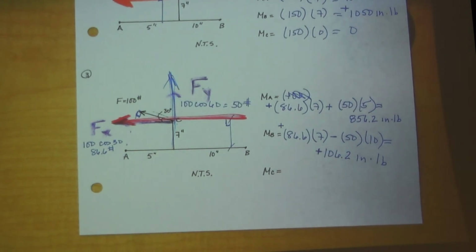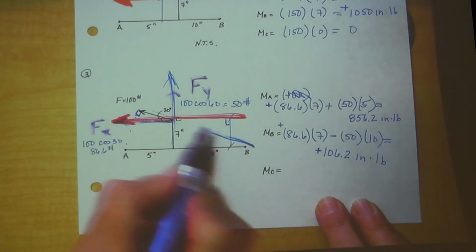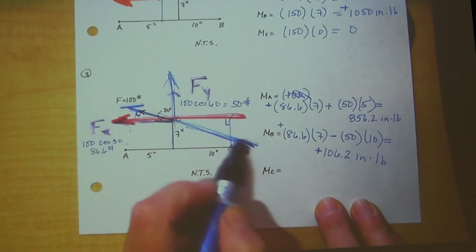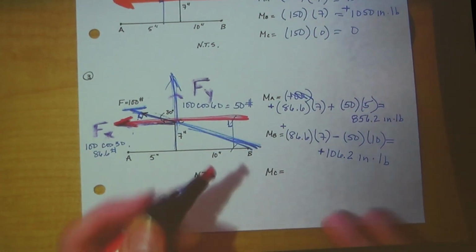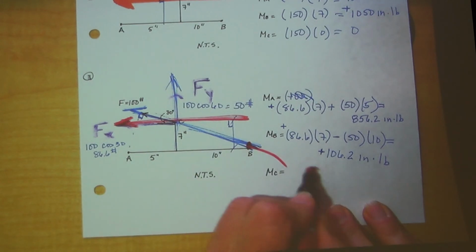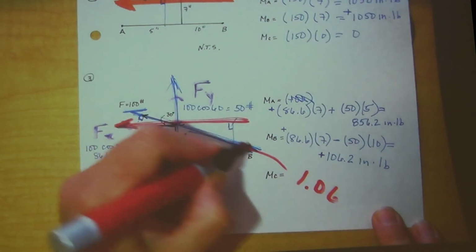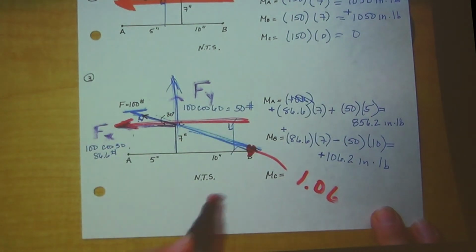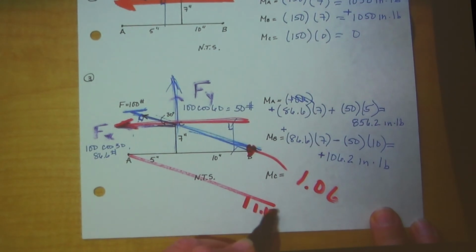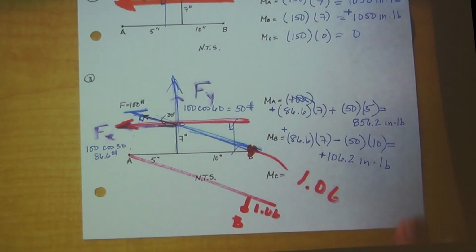No, the total force. 50 was only the Y component, right? 100. So the perpendicular distance is 1.06 inches. So this force is like this, where the perpendicular distance, this distance right here, is 1.06. That's the perpendicular distance right there. So the force is going like this, and here's the 1.06 to where B is, perpendicular distance.